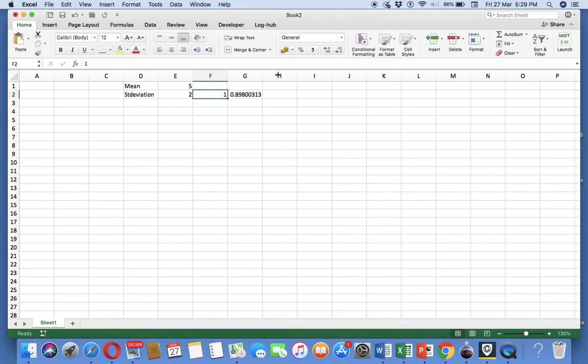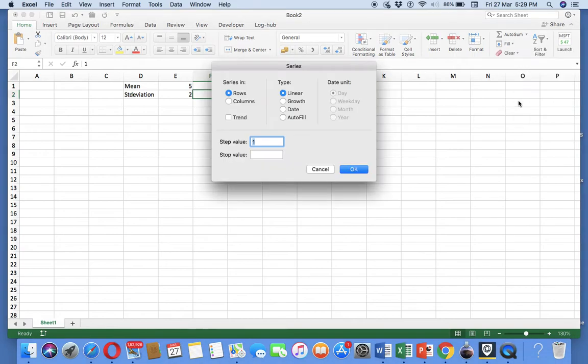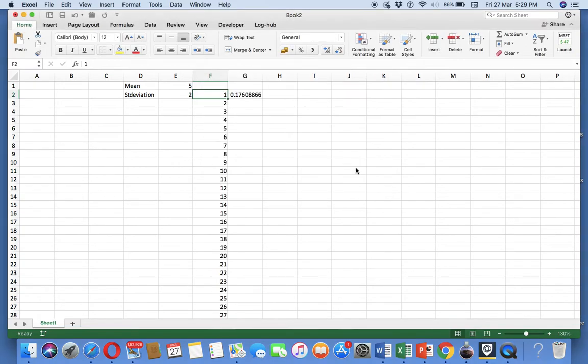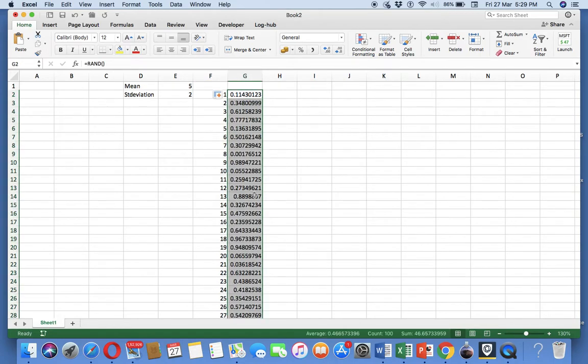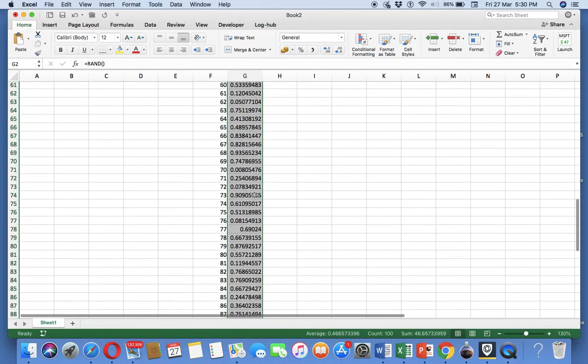So I need to have the numbers. I'll generate 1, and just to keep track, I will say fill, series. I'll select a column and then I'll say the last value should be 100. You can have any number; here for illustration, I've generated 100. The advantage is when I click this value and double click it, I'll get 100 random numbers.